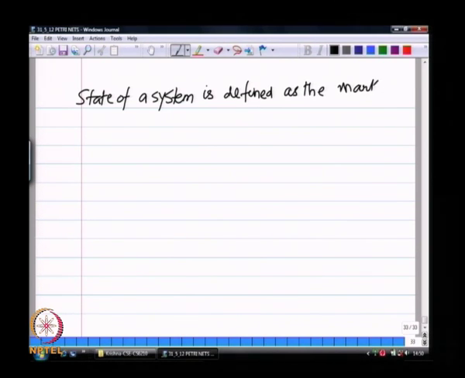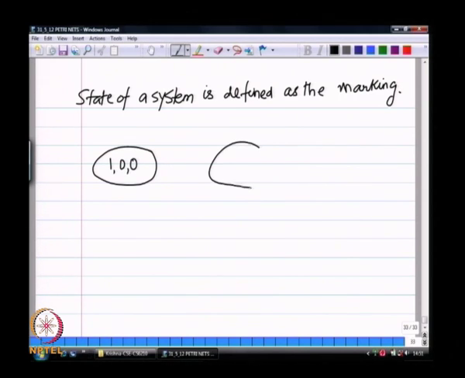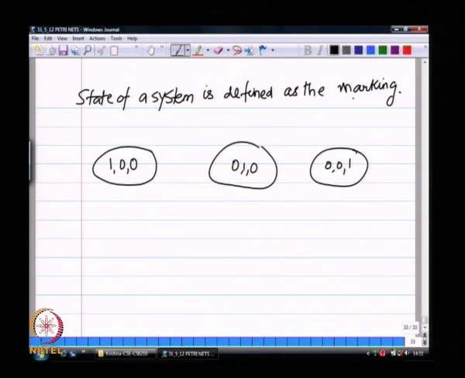What are the possible marking values? They are 1 0 0, then 0 1 0, and then 0 0 1, because there is only one token in the system at any point in time.